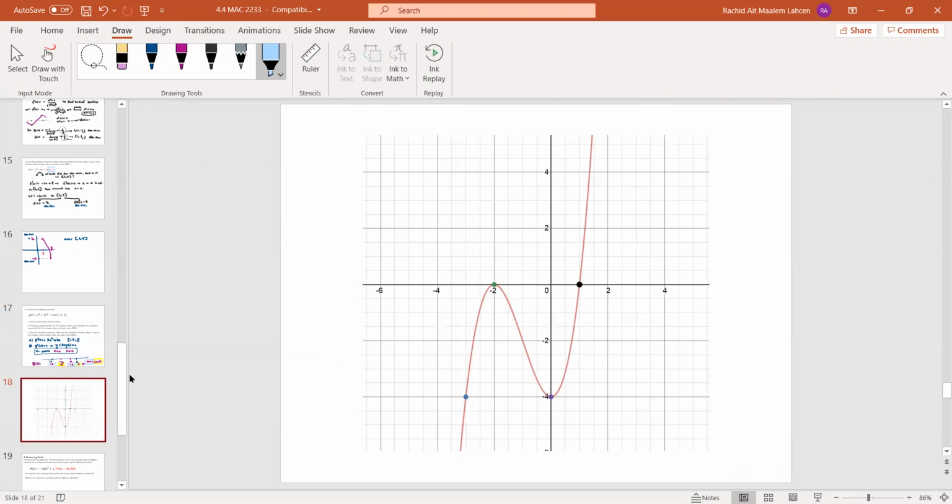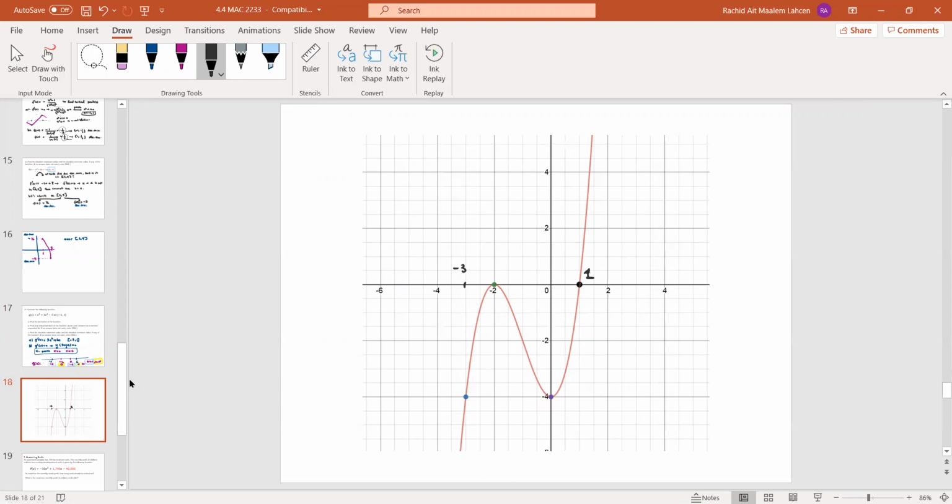As you see, -4 is the absolute min and 0 is the absolute max. And of course, we're talking about this interval, -3 to 1. You see for this graph, -3 to 1, we have these answers.